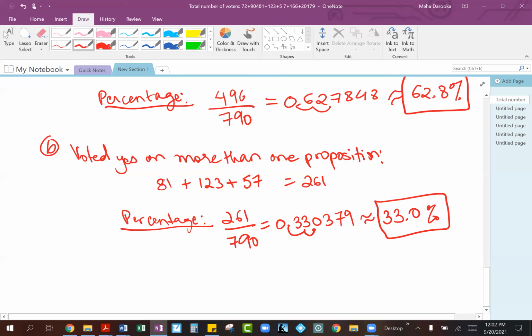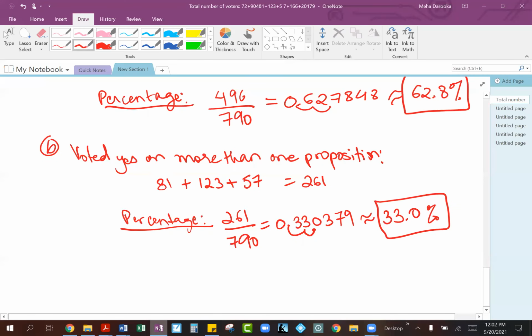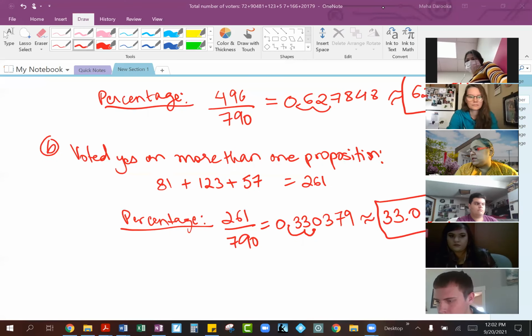So just make sure you're reading the questions correctly, just to see if they want the percentage or the number itself. So that was just one example to kind of show you how these three overlapping circle examples work. So anybody have question on this example that we just looked at?